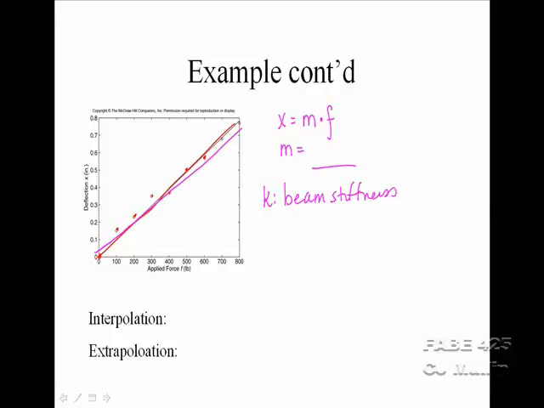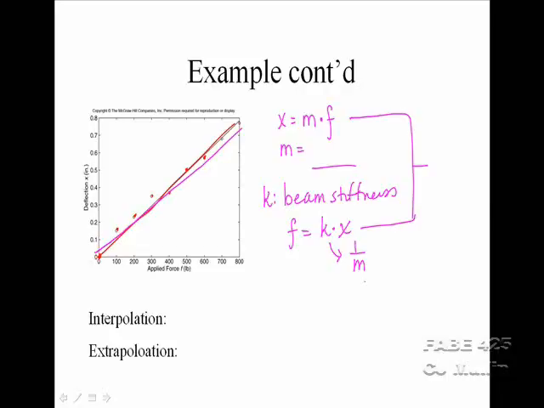The relationship between the force and the deflection and this beam stiffness is represented by force is equal to K times X. So the beam stiffness is a physical property of each particular beam, made of a different material at a different temperature, and so on. That property can be determined from the inverse, so 1 over m. And if we look at equation 1 here and equation 2, it's clear where that relationship between K and m comes from.